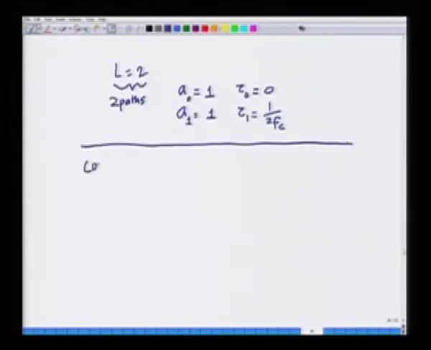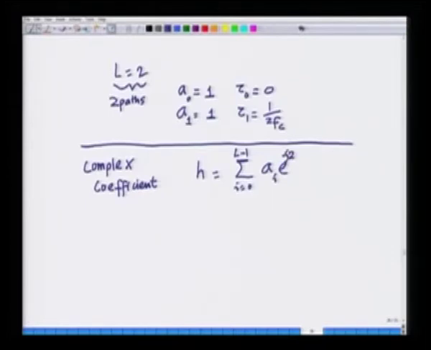The complex coefficient, which I will denote by H, equals sigma I equals 0 to L minus 1 A I e power minus j 2 pi F c tau I. Now, this has L equals 2, so this goes from I equals 0 to 1 A I e power minus j 2 pi F c tau I.